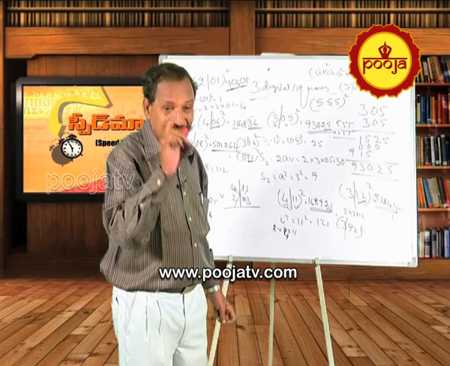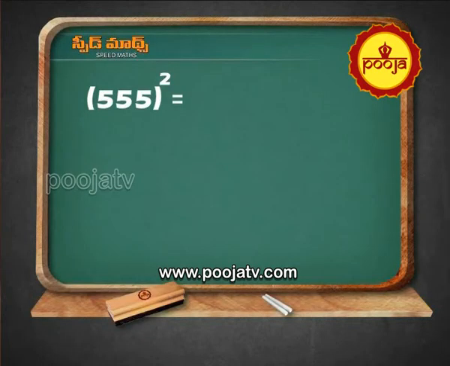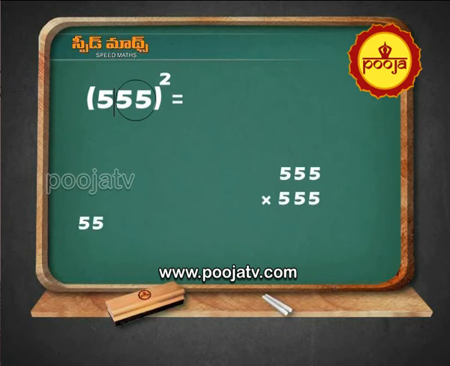I told you very specifically the special squares, that is ending with 5 and starting with 5. 555 into 555, give a slash, 55 square equals to 3025.